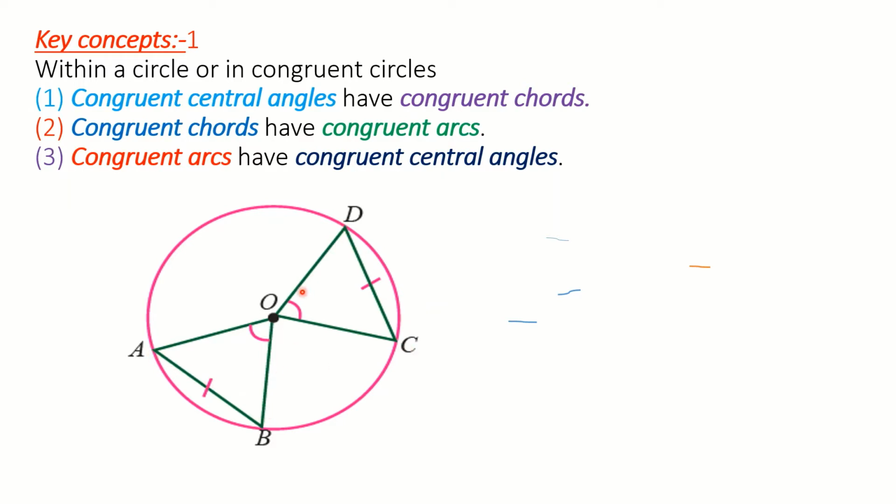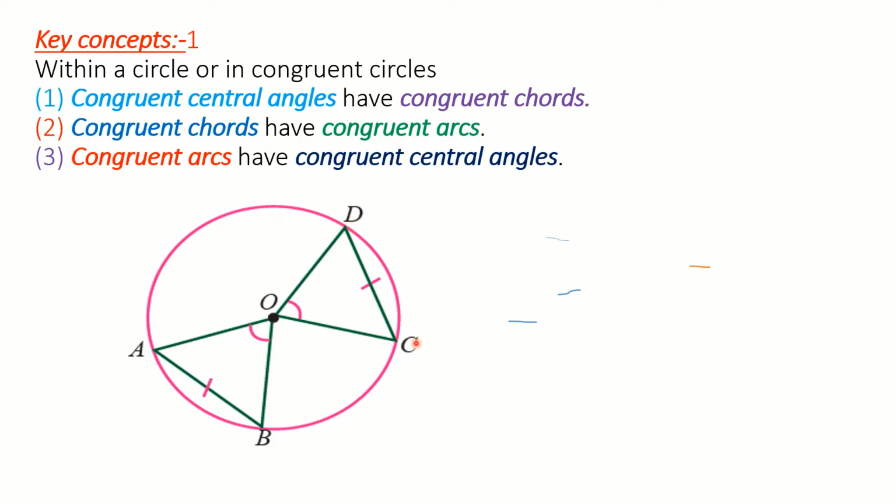If the central angles are congruent, the chords of those angles are congruent to each other, which means DC is congruent to AB. And congruent chords have congruent arcs.